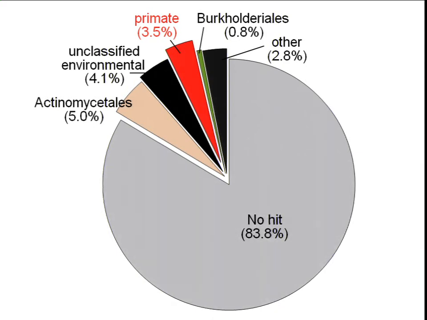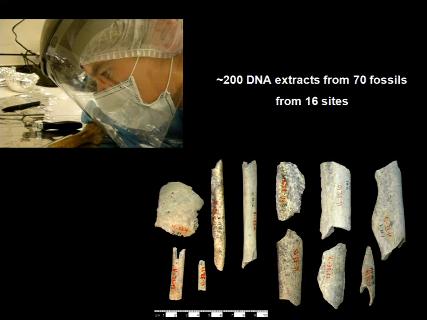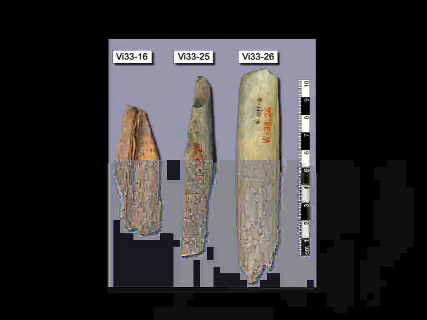The entire rest is from microorganisms, bacteria and fungi that colonized the bone after the death of the Neanderthal. So we spent the last few years looking through a lot of sites where you find Neanderthals, a lot of bones, to find the best ones, particularly in terms of the ratio of endogenous Neanderthal DNA relative to microbial DNA in them.